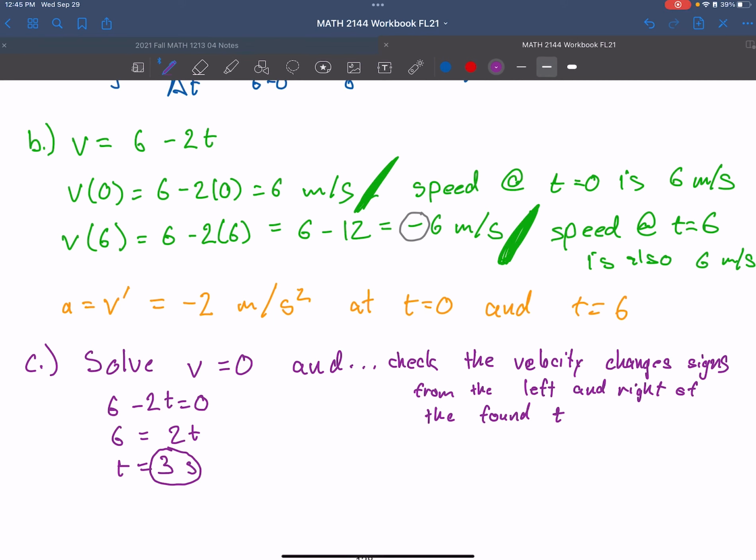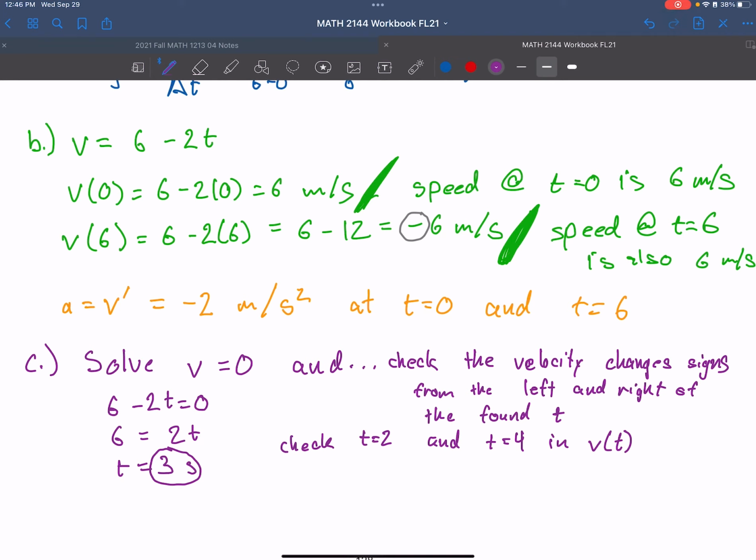So again, what do I mean here? What we should do is check t equal to 2 and t equal to 4 in the velocity function. This is also the idea of the intermediate value theorem. If that sign changes, then it actually turned around. If it is the same sign, it just maybe slowed down and then kept going.